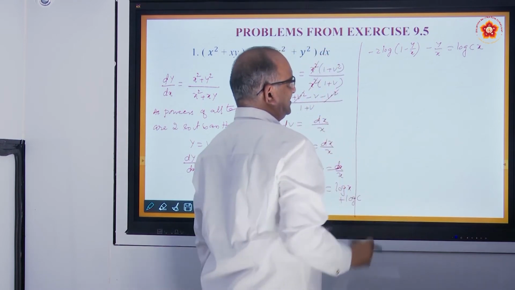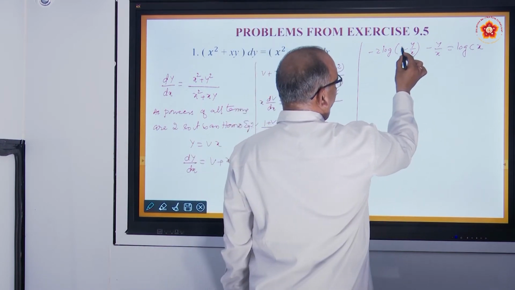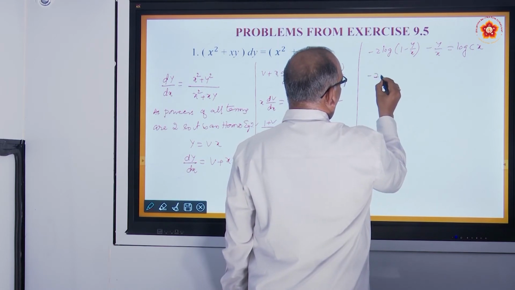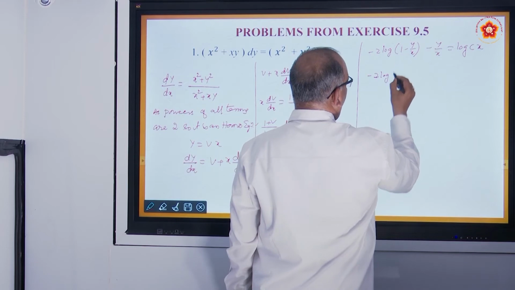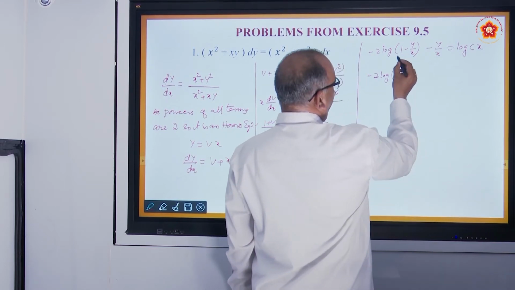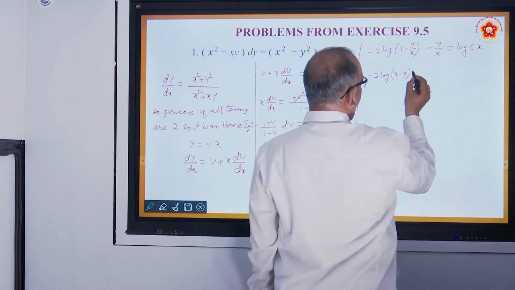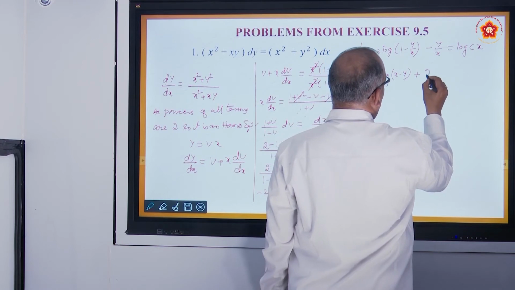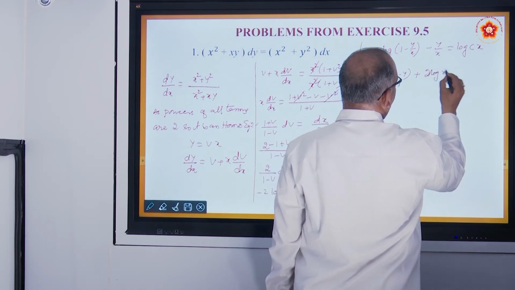How to simplify it? Take the LCM, it will become x minus y by x. So as a result, it is minus 2 log x minus y. This x which is in the denominator will be minus, so minus of minus will be plus 2 log x.